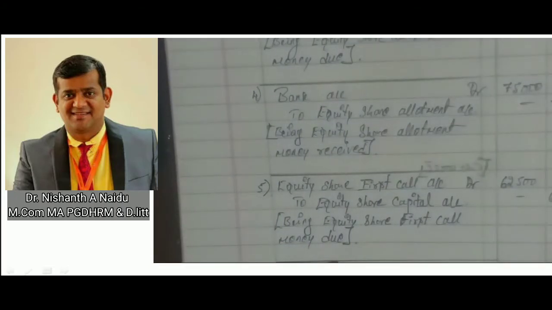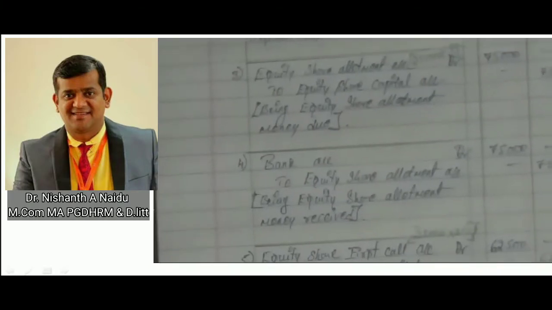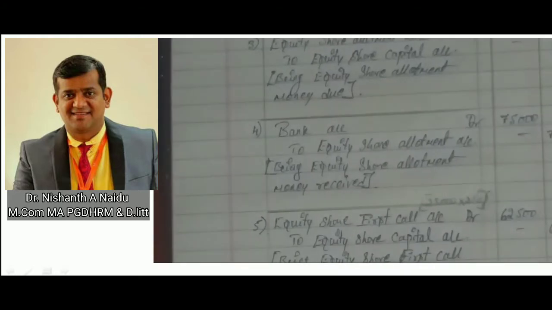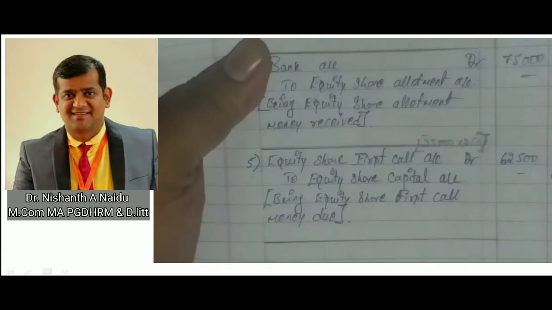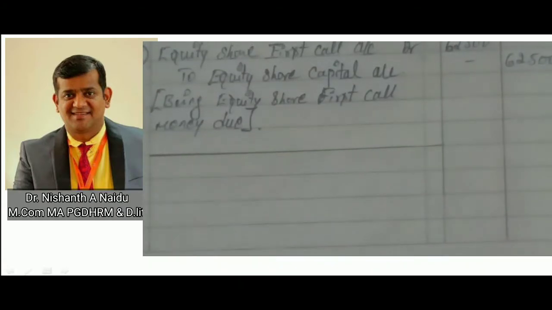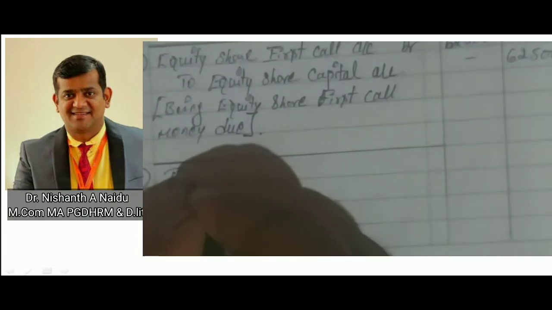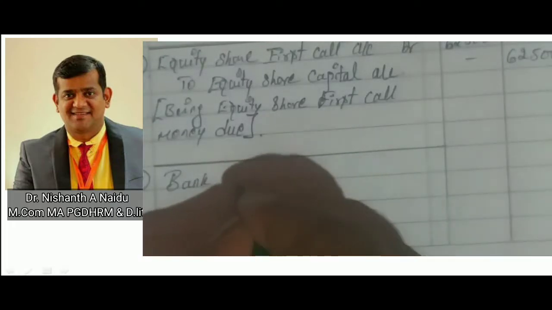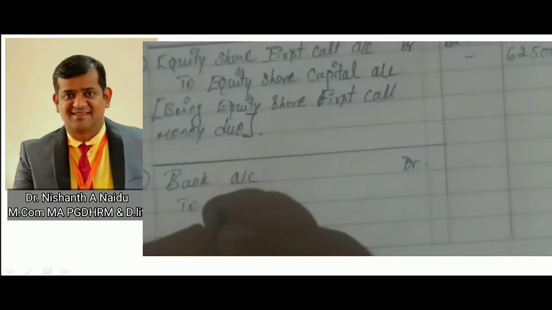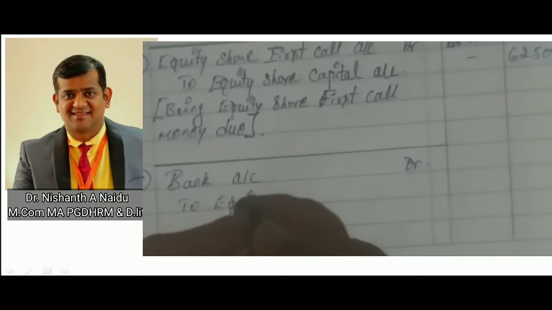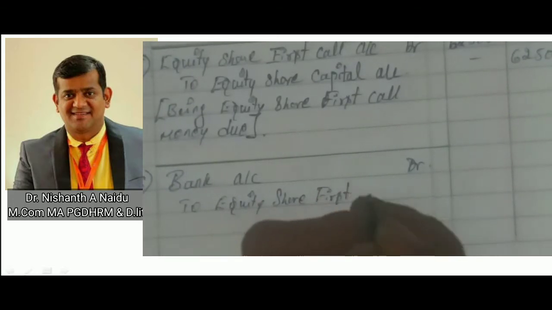Now the sixth entry, a receive entry. The receive entry is going to be bank account debtor to equity share first call account.